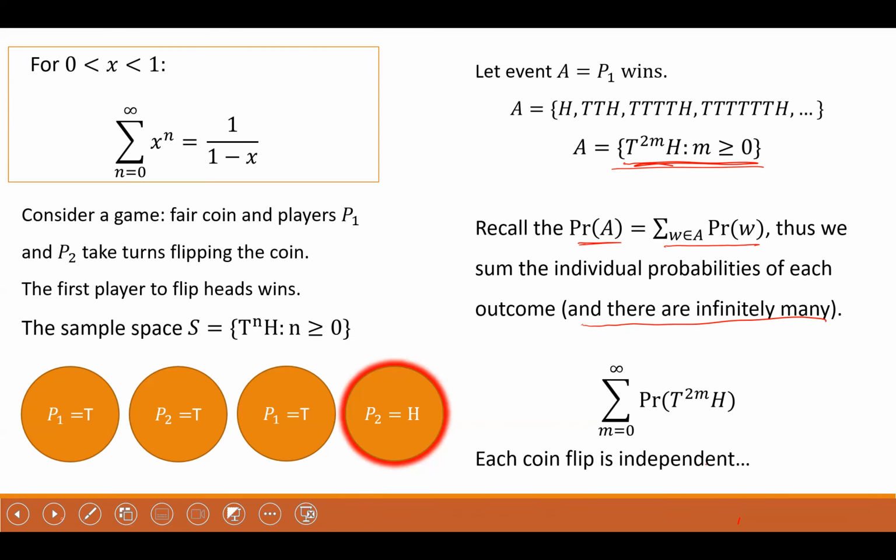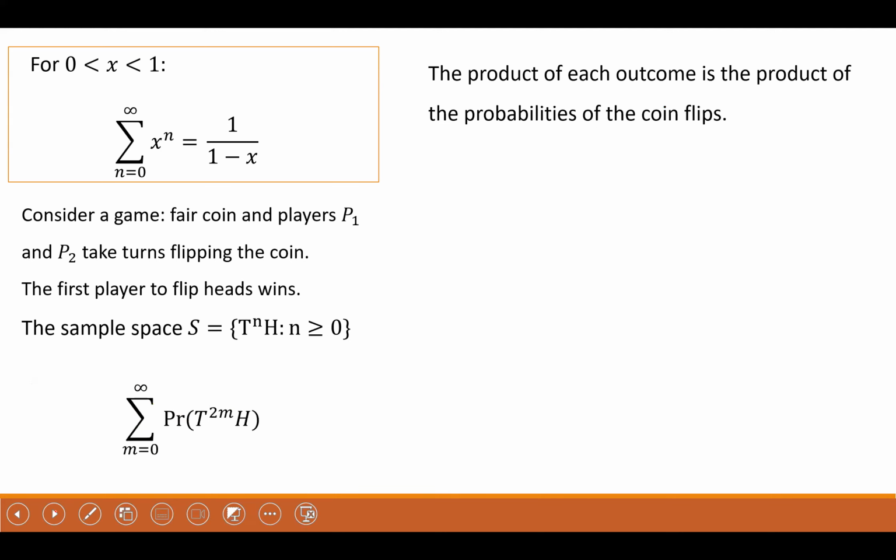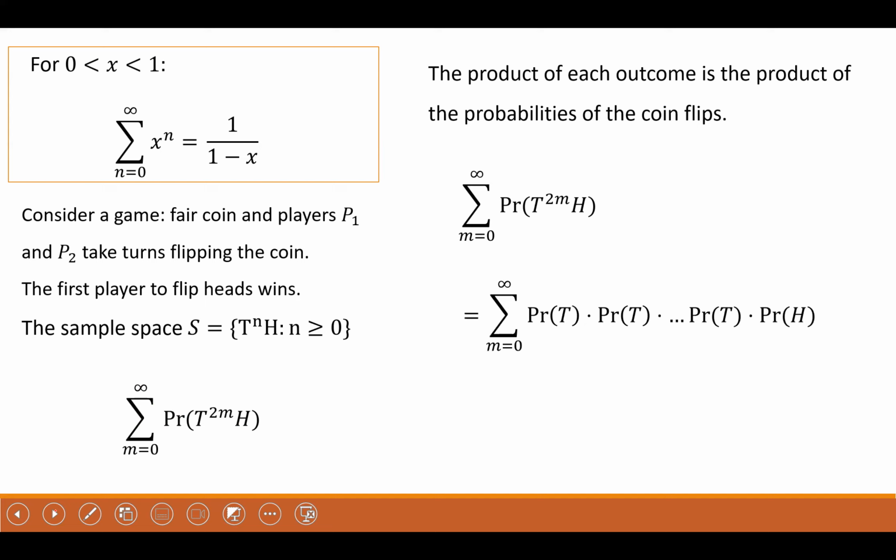So each coin flip is independent, of course. So if I have the probability of all of these events happening in succession, then because they're independent, this is equal to the product of their individual probabilities, right? So this is equal to the probability that I flip tails, times the probability that I flip tails, and so on, 2m times, and then times the probability that I flip heads.